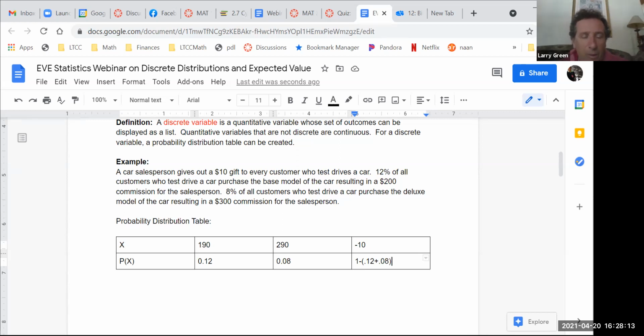So if you know all but one of them, then the one you don't know, you can just do 1 minus the rest. And 0.12 plus 0.08, 12 and 8 is 20, or 0.2. 1 minus 0.2 is 0.8. Any questions? I mean 0.80, just so you don't get it confused with the 0.08. Any questions on this probability distribution table?